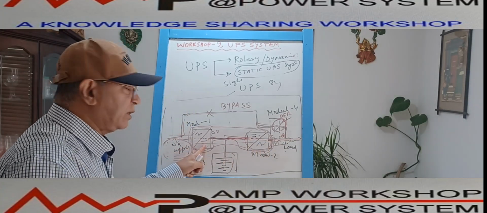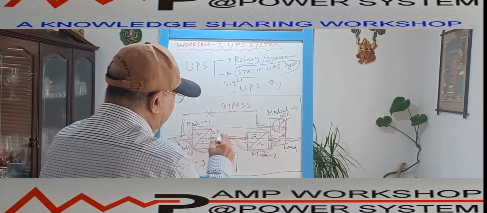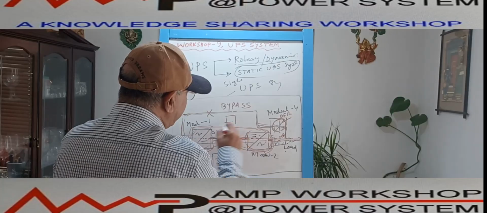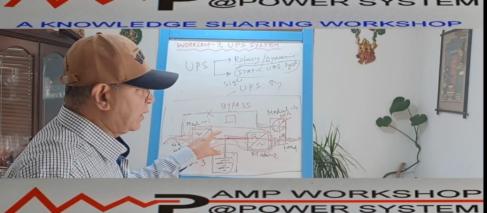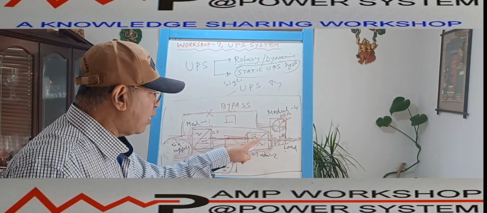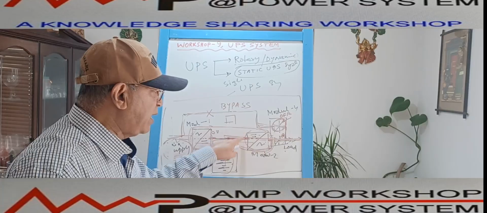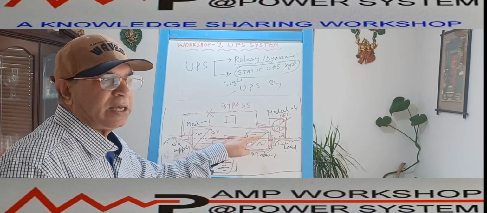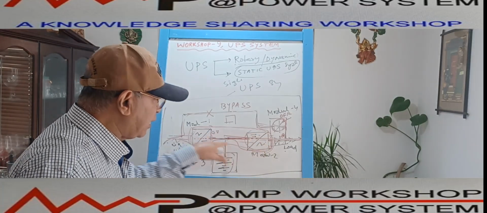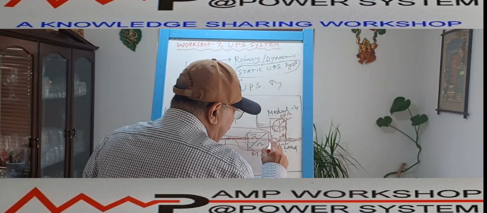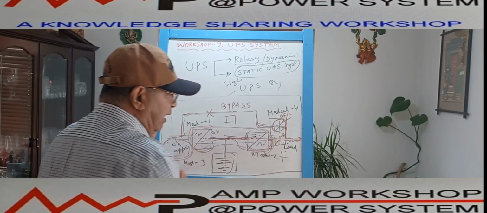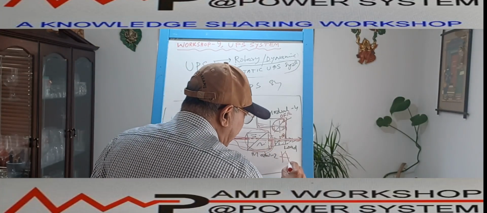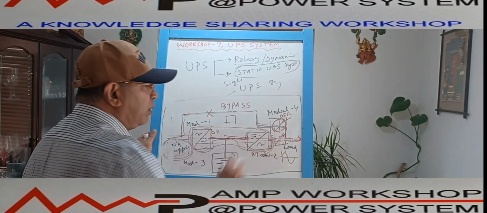When the rectifier is done, the output voltage is not perfect DC; there are ripples and harmonics, so we use various filters. Also when the DC is converted to AC, various ripples and harmonics are there. All this gets filtered, and a very smooth sinusoidal waveform UPS output will be there.